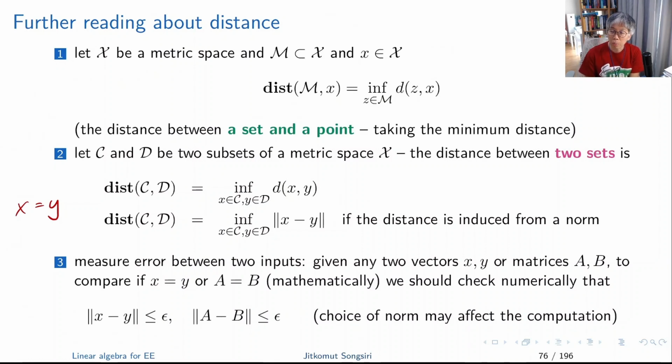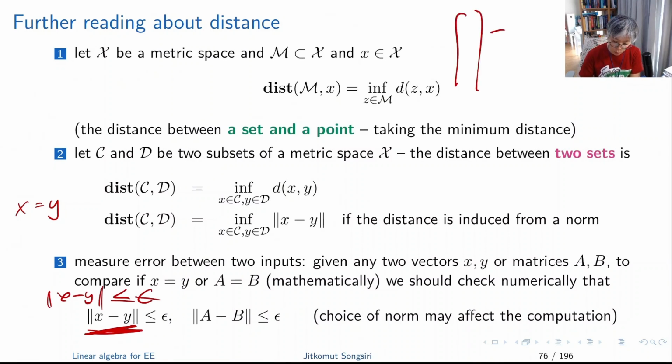But in numerical computations, if x and y are kept as floats, they are not going to be exactly equal, right? So you can use the concept of norm to measure the discrepancy between these two vectors, these two arrays, and it's going to be very close to zero, and you can compare it with a threshold number. Instead of checking whether the whole arrays are equal, they're not going to be equal in the computer if both are kept as floats.